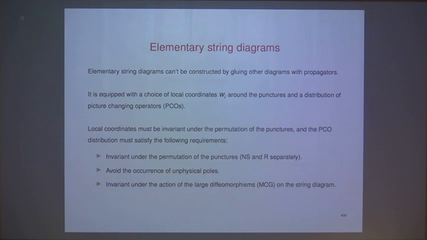Also, the PCO distribution has to satisfy a set of conditions. They should be invariant under the permutation of NS and Ramond punctures separately, and should avoid the presence of any unphysical poles. Also, when you perform a large diffeomorphism on the string diagram, basically an MCG transformation, the distribution that you choose on the string diagram must be invariant.